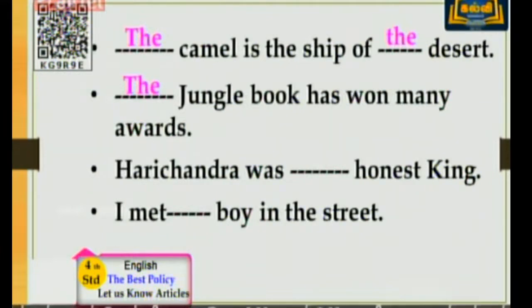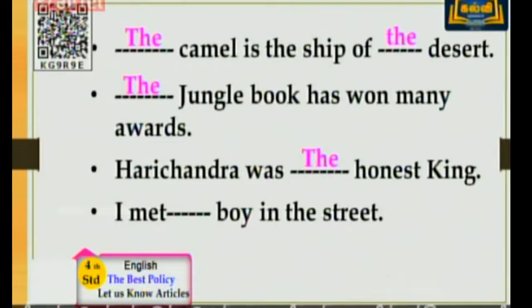So how many of you answered right? Clap hands for yourself. Next one. Harichandra was dash honest king. Here, which article should you use? You are telling about a particular king. So the article used there is the: Harichandra was the honest king.